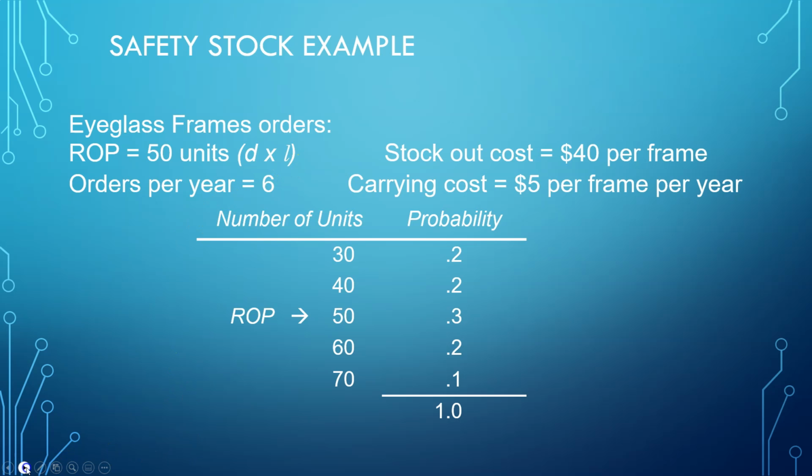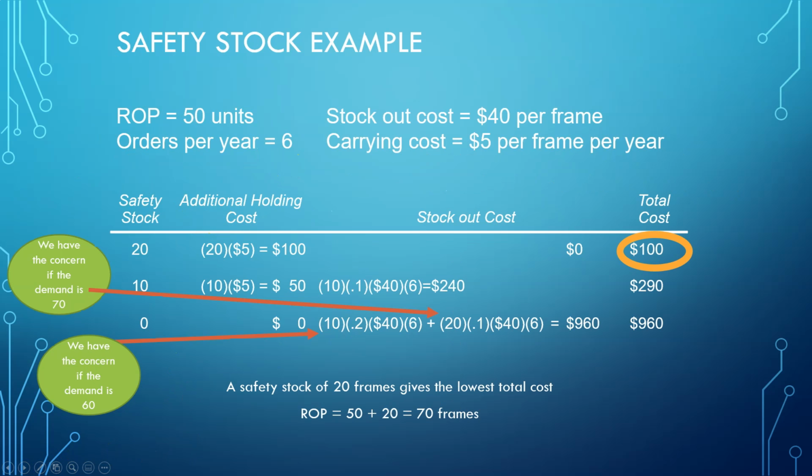So with safety stock, 50 plus 20 is 70, and that raises the annual carrying cost by 5 multiplied by 20, and that's $100 because we have 20 more than the reorder point of 50.